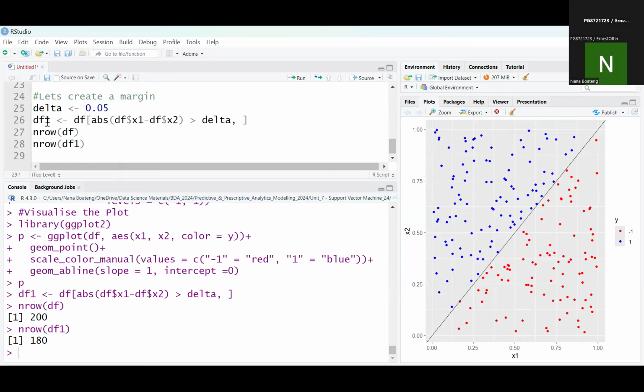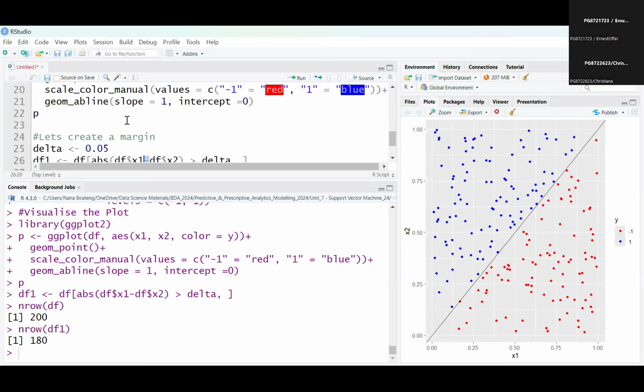Yes, sir. Is it possible that my DF1 can be 200 as the DF? No. Did you bring the minus sign here? Is it line 25 and 26? Yes, please. The minus sign is there. It's not equal to, it's minus. Did you run the delta 0.5? Yes, please, 0.05. I did run it.